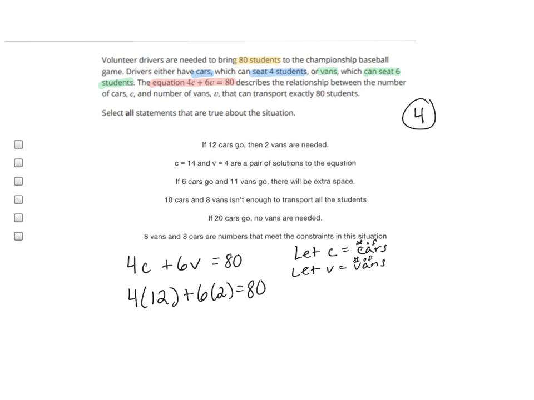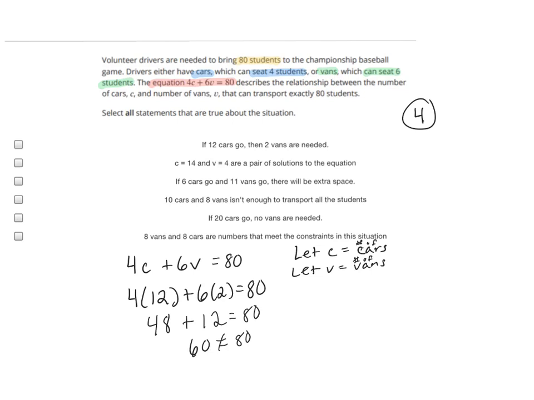So we need to have spots for 80 students. If we work this out, we get 48 plus 12, so we actually get 60 here. So that's not enough.